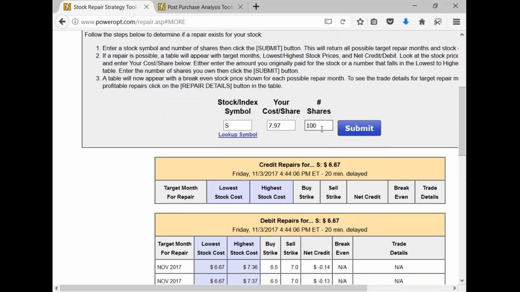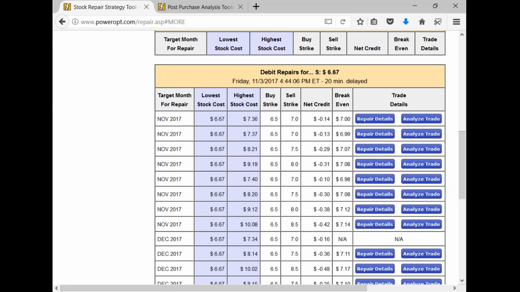But if you wanted to see a credit repair, which I prefer, again, I don't know how many shares you have right now, but if you did 200 shares where 100's at $7.97 and the other 100's at the current price of $6.67, well, what you're going to end up with is a new cost basis of about $7.30 odd cents, let's call it $7.35. All right, 200 shares at $7.35.